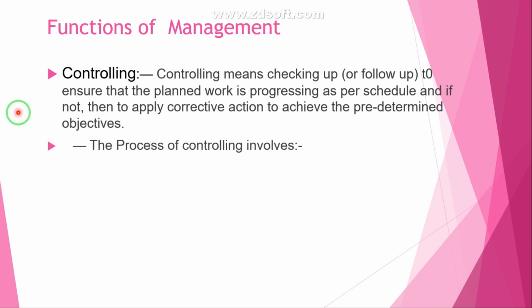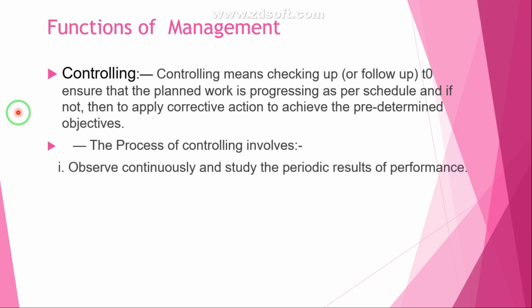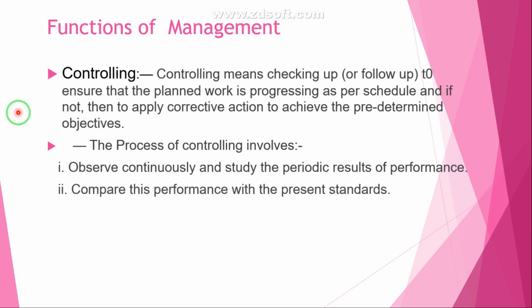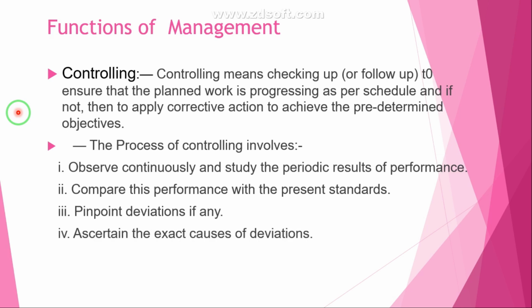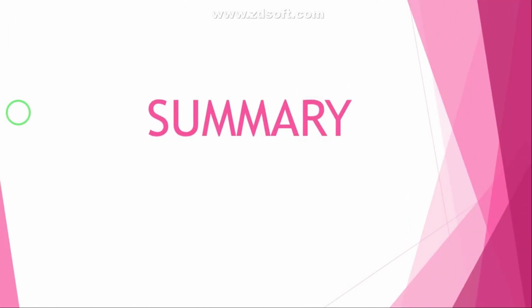The process of controlling involves observing continuously and studying the periodic results of performance and then comparing this performance with the preset standards. Third, pinpoint the deviations, if any, ascertain the exact causes of these deviations, and initiate and implement the corrective actions.